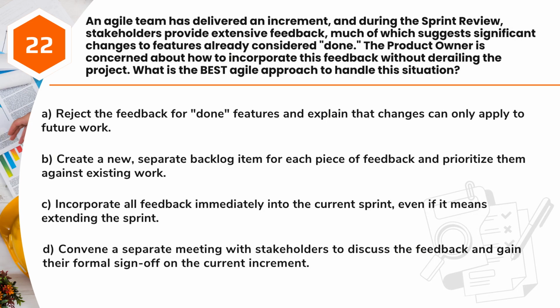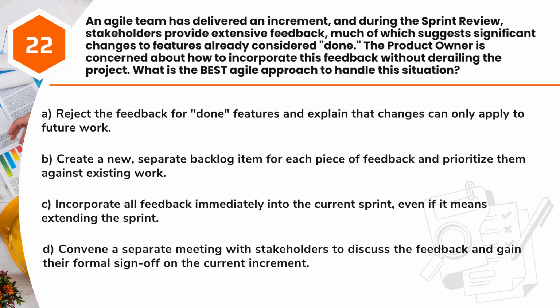Question 22. An Agile team has delivered an increment, and during the sprint review, stakeholders provide extensive feedback, much of which suggests significant changes to features already considered done. The product owner is concerned about how to incorporate this feedback without derailing the project. What is the best Agile approach to handle this situation?